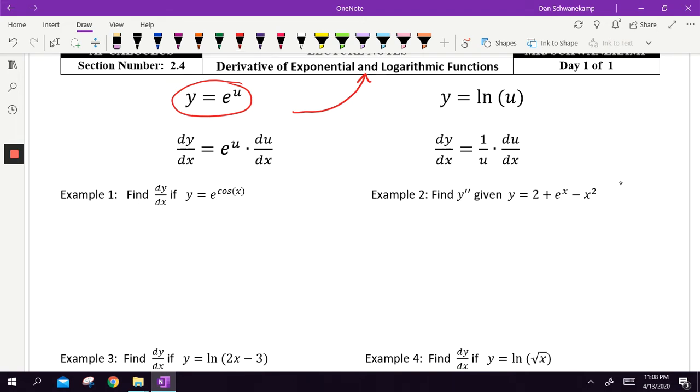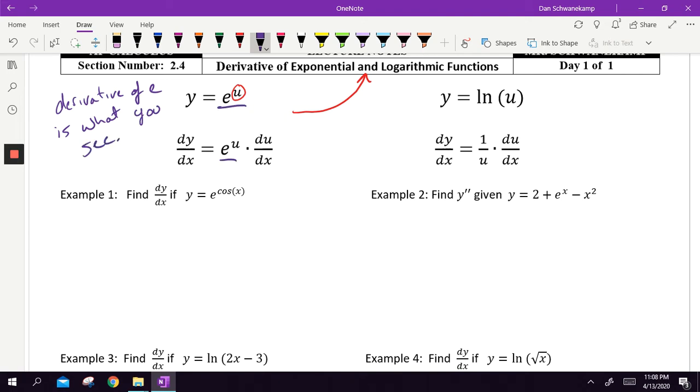If you take the derivative of e to some power, where that u can be x or x squared or anything else, the derivative of e is what you see.